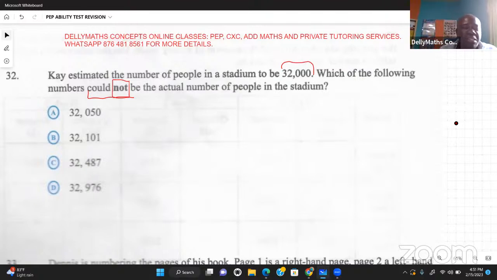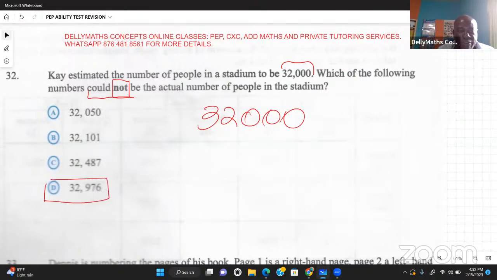Now, the truth is, this is testing to see how well you can round off, right? So we're dealing with approximation. Which one of these cannot be approximated to 32,000? That's what they're asking. This one is off, because this could be approximated to 32,000. This too, that too.